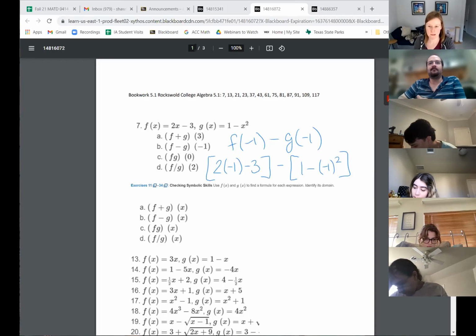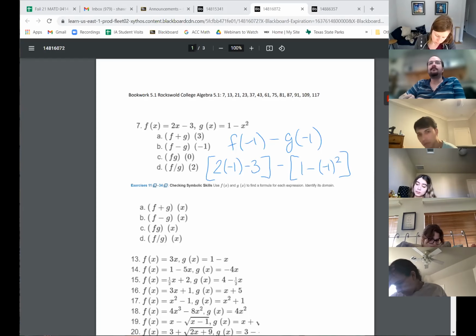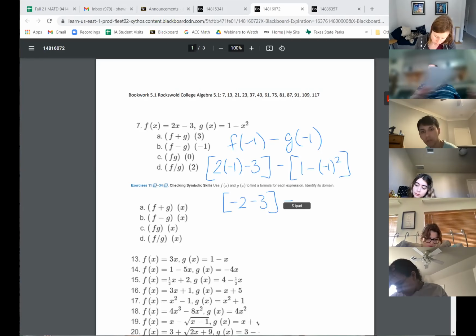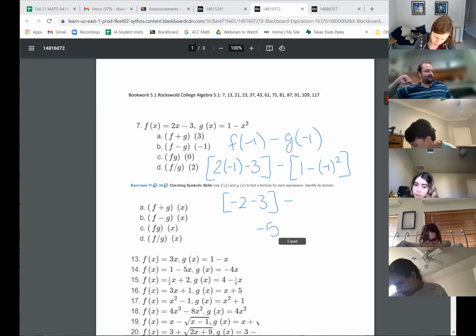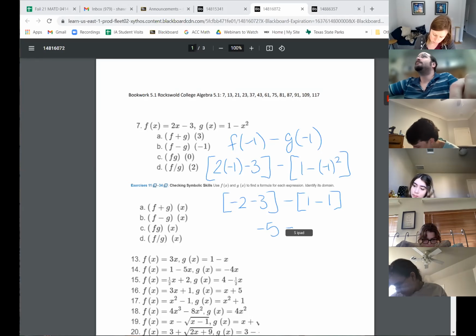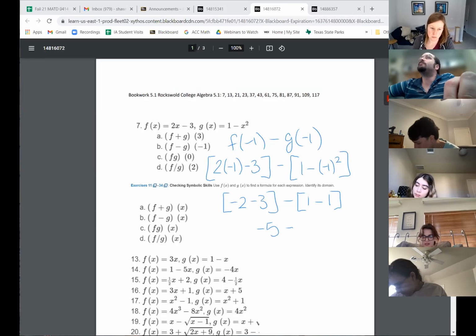And then we're gonna work the math, right? So the first half of the problem would be 2 times -1, which is -2 minus 3. So that would end up -5, yep. And then the second part is -1 times, that would end up being positive, right?